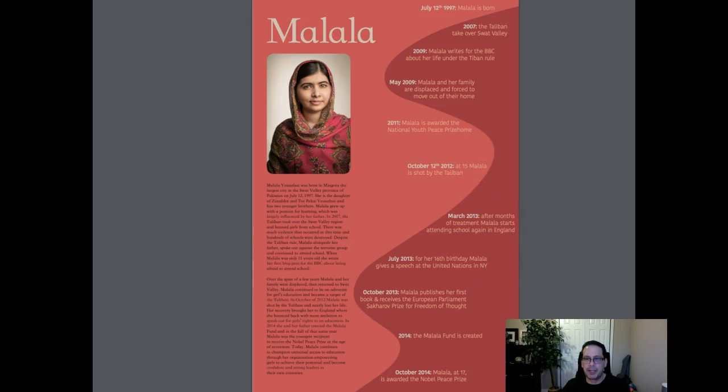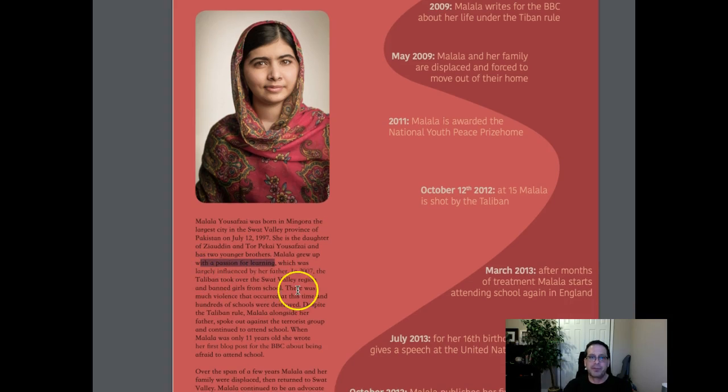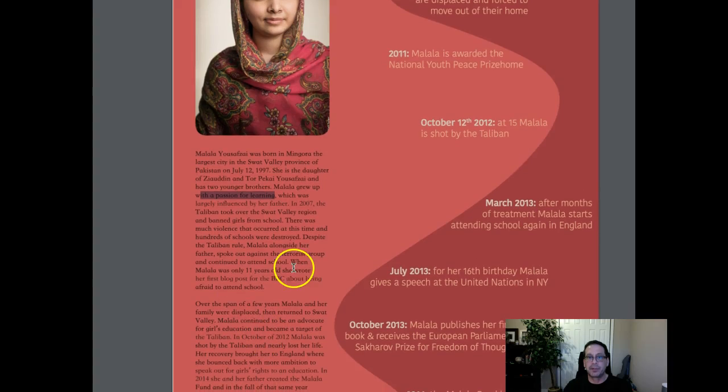Okay, final comments here. You've got your type here. Now, this is black type on a red background. So we've got some color issues to deal with here. You're also using a serif typeface at a very small size. I think the typographic color is okay because you've increased your leading here, which was smart.